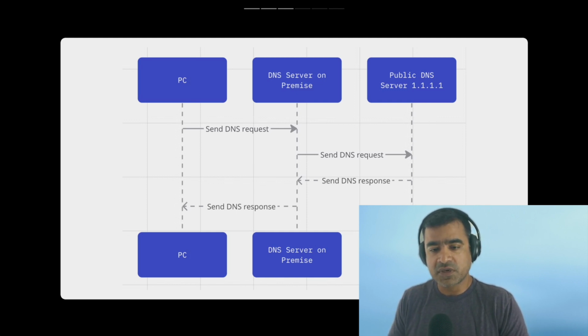So the setup looks like this. We have a home PC, and this PC has a DNS server configured. I'm getting my DNS information on this PC using DHCP, and the DNS server is sitting on-prem. So I have my own DNS server, and obviously it has to feed from an upstream DNS server.